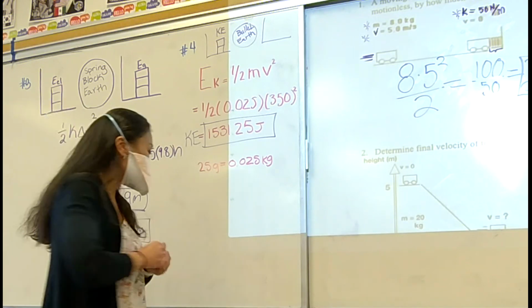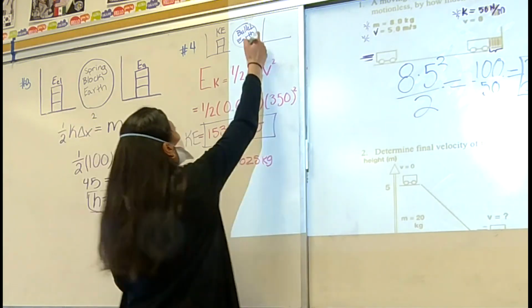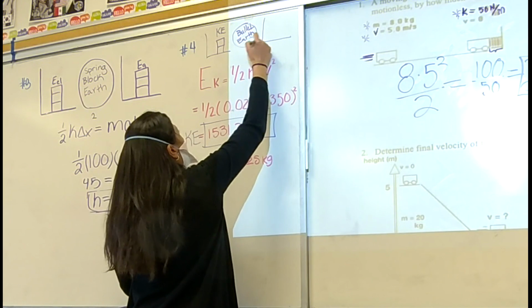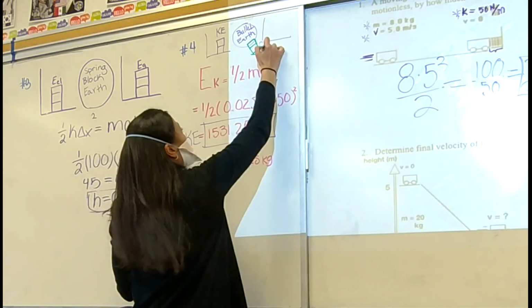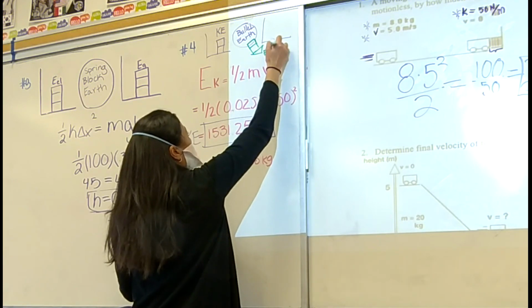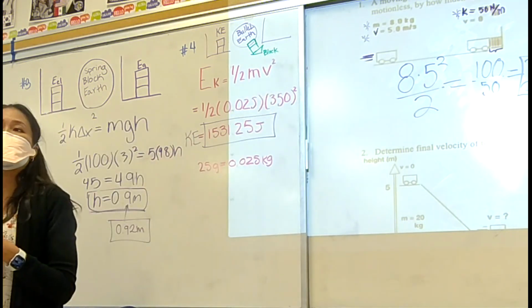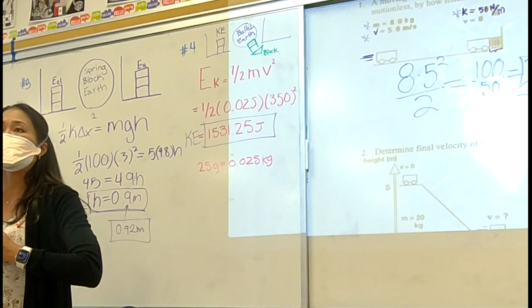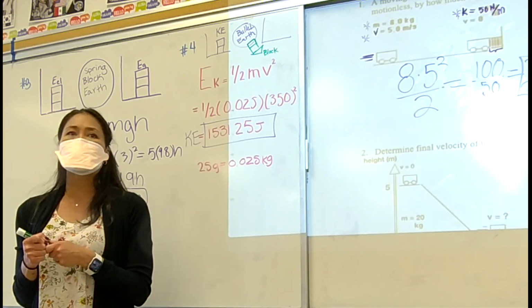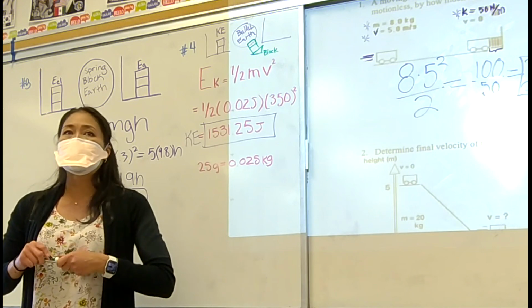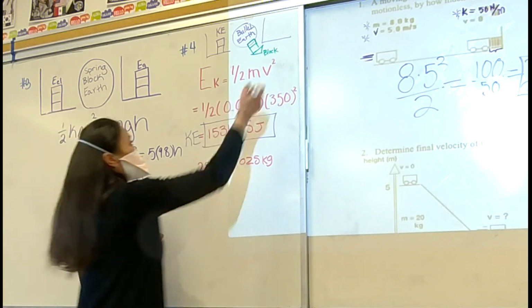So we call this energy coming out of the system due to the block. So the block has taken all of the kinetic energy and it transformed it into what do you think? What kind of energy do you think it transformed it into? Thermal. Thermal energy. It's a collision.